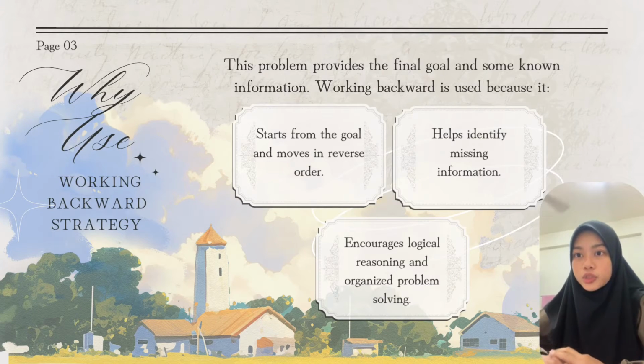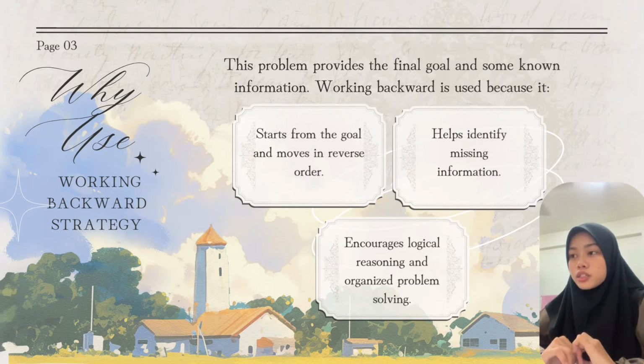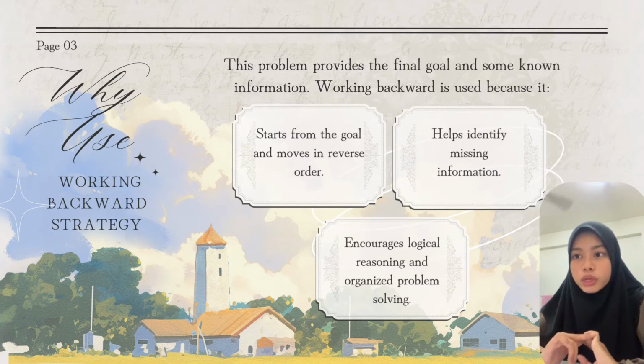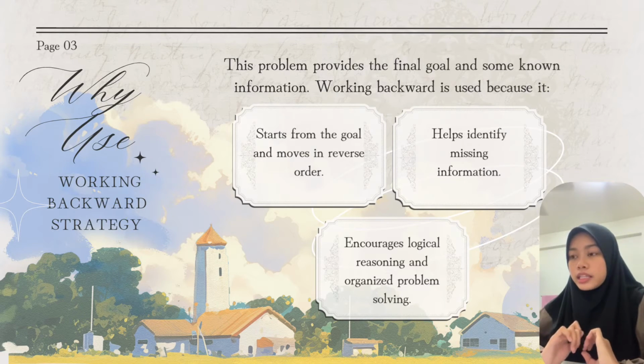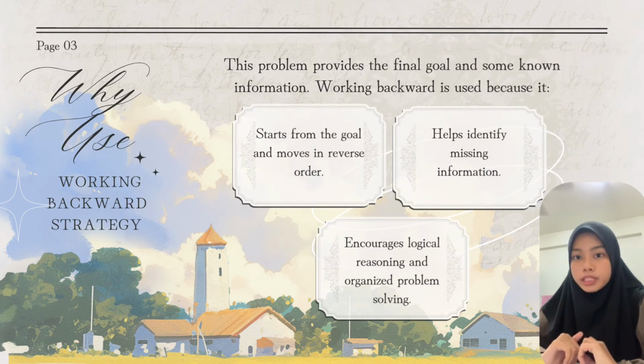The reason why I chose the working backward strategy is because this problem provides the final goal and some known information. Working backward is used because it starts from the goal and moves in reverse order. This strategy is very useful when we know the end result but need to find what happened before it. Second, it helps identify missing information. In mathematics, working backward means starting from the answer and reversing the operation to find the missing information.